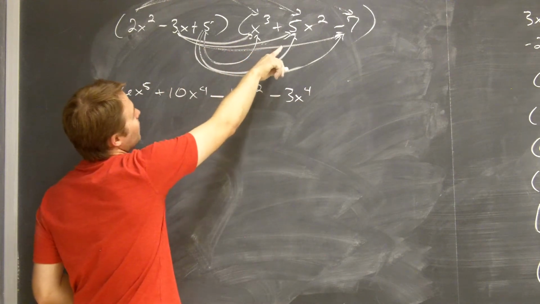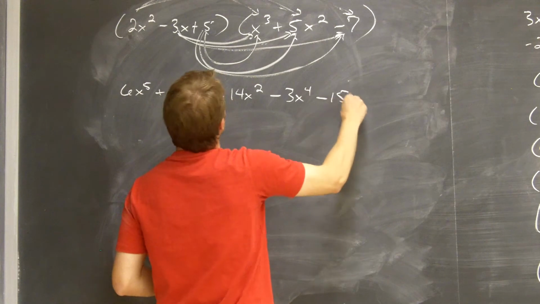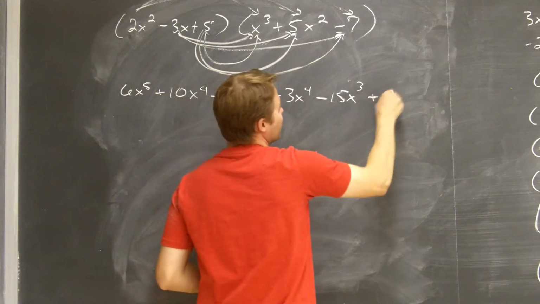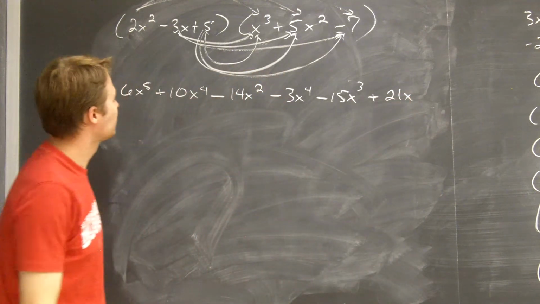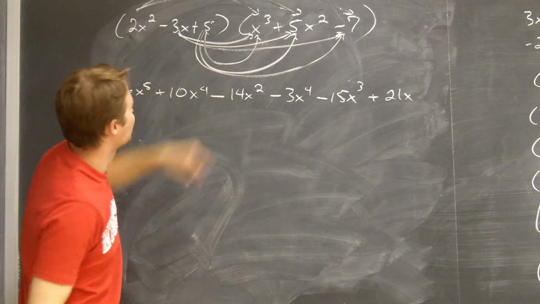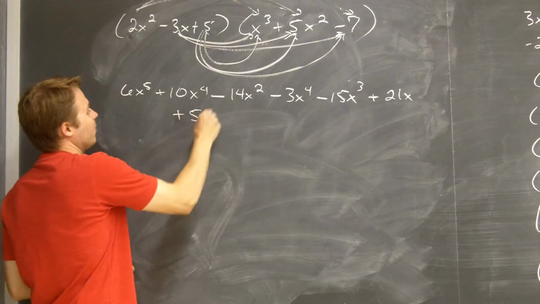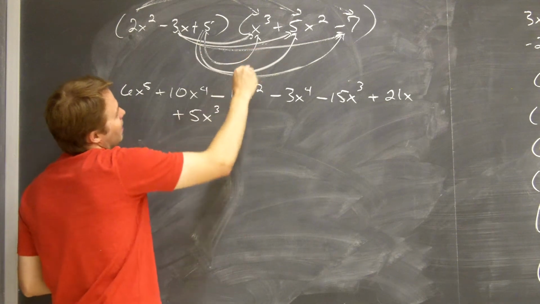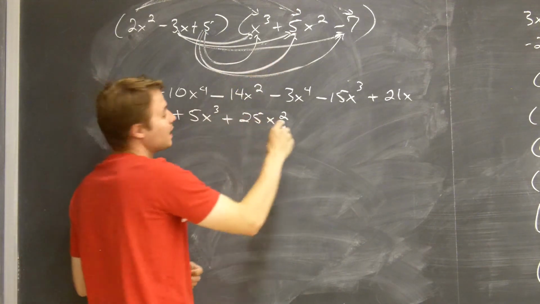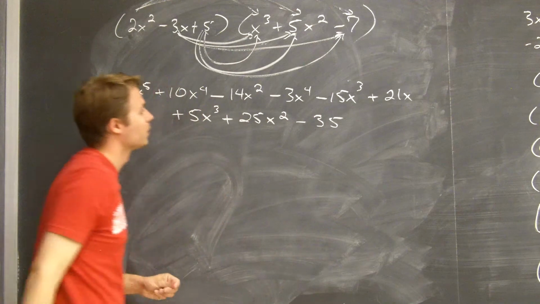Negative 3x times 5x squared will be negative 15x cubed. Negative 3x times negative 7 will be plus 21x. And then I'm going to continue down here because I'm running out of room. 5 times x cubed will be positive 5x cubed. 5 times 5x squared will be 25x squared. And then 5 times negative 7 will be minus 35.